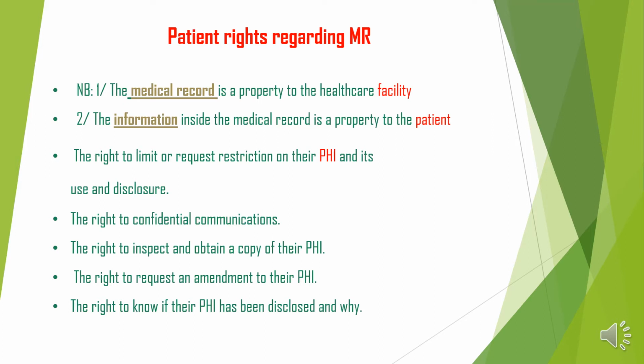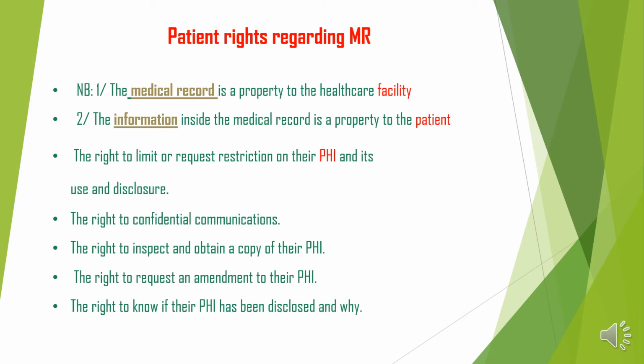So what are the patient's rights? Number one, the right to limit or request restriction on their PHI, which is protected health information, and its use and disclosure. The right to confidential communication, the right to inspect and obtain a copy. The patient can ask for a copy of his medical record or the information inside it. The right to request an amendment to their medical record.